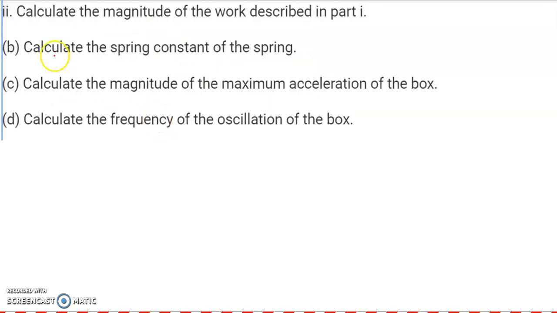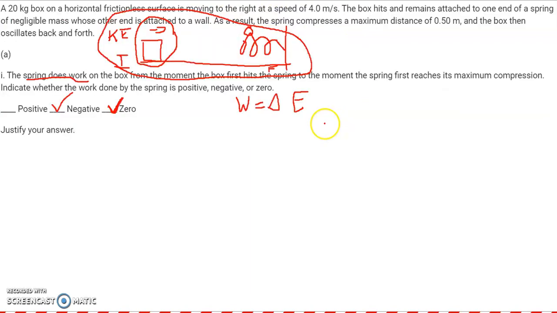Alright, calculate the magnitude of the work described in part I. Okay, so we already have our equation here. Work is the change in energy. Change in energy is the final energy minus the initial energy. Remember at the end we said there was no energy because the box is not moving. And initially we have some kinetic energy.